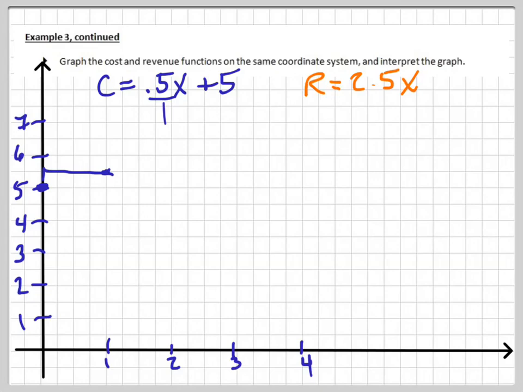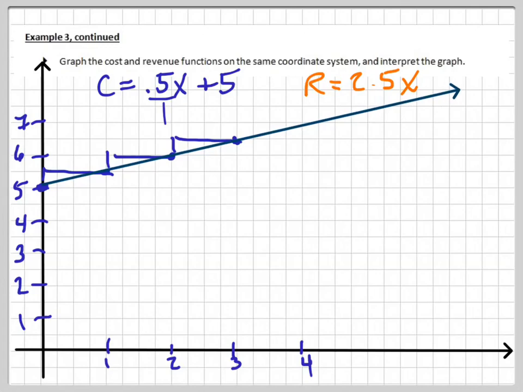Okay, and then go up 50 cents, over to 2, etc., etc. And then I can plot a point or a line through those points. Okay, that looks decent.